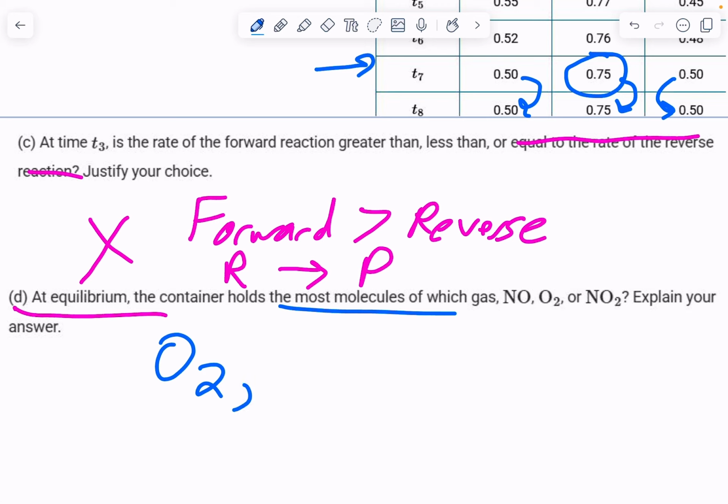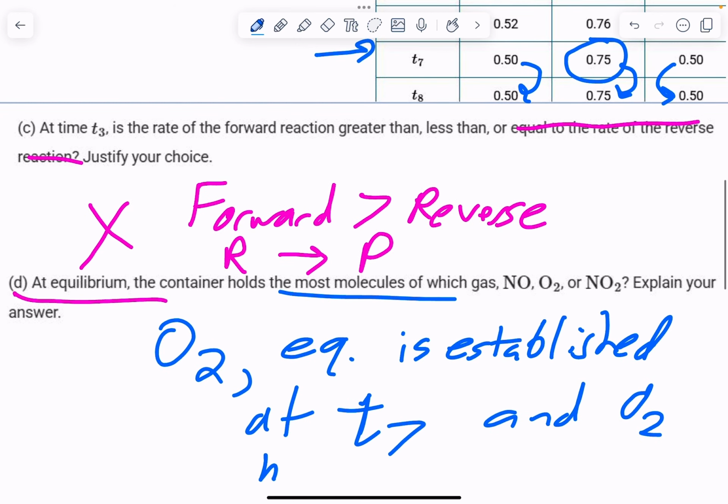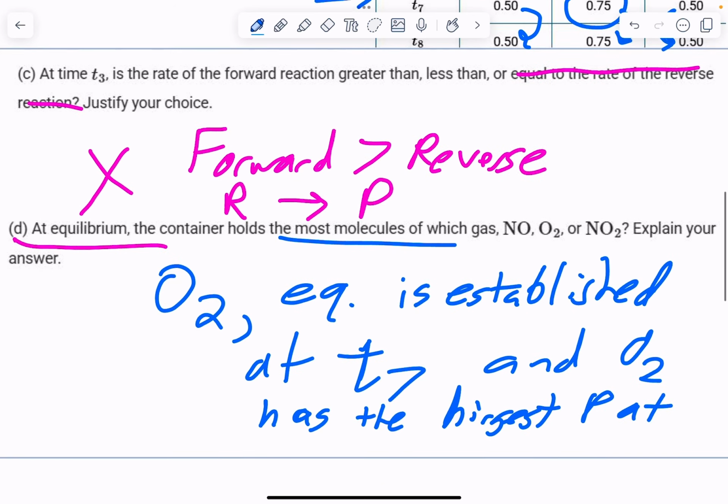And to explain my answer, I would say equilibrium is established at T7, and O2 has the highest pressure at T7 equilibrium.